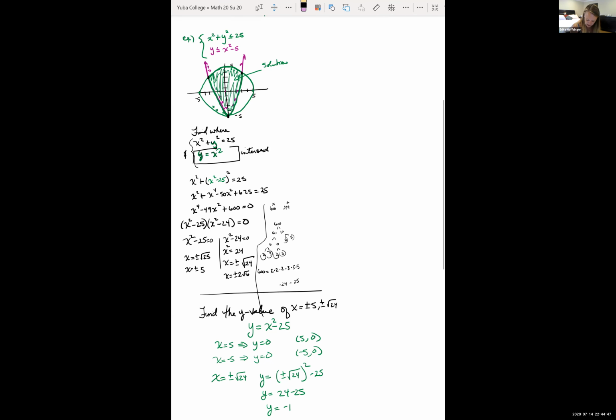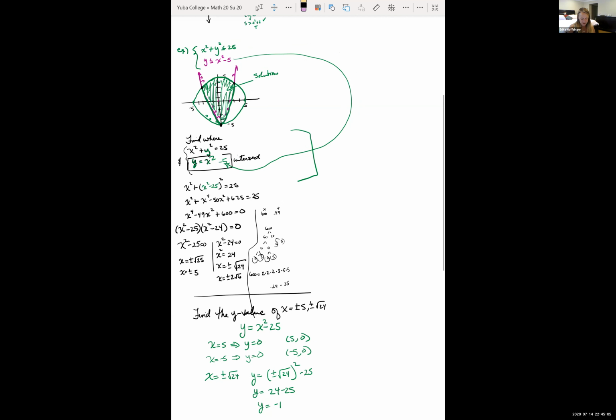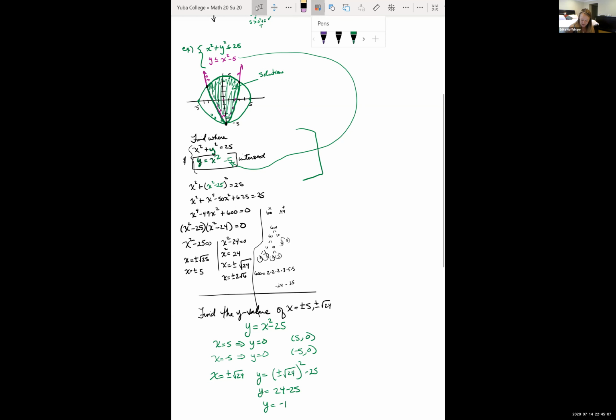I'm noticing that something's off. This right here should have been -5. This would have made this a lot easier, but this was at the beginning. So it would have been x squared plus y squared, but y squared would have been x squared minus 5 instead of 25, equal to 25.